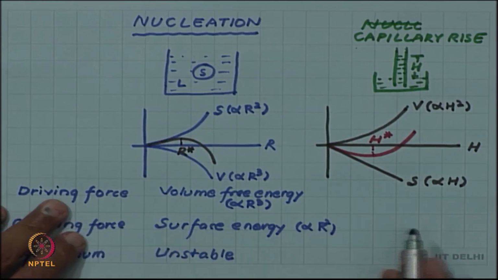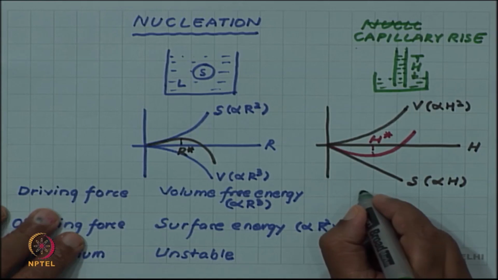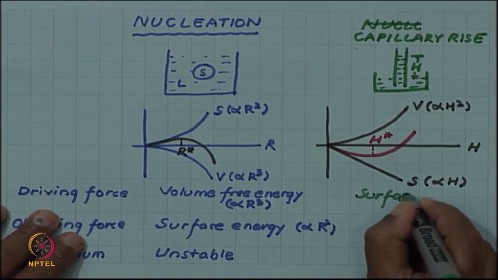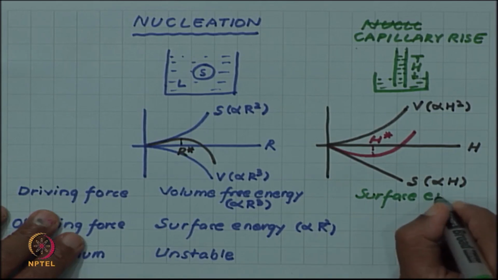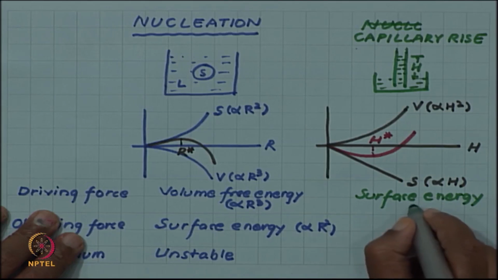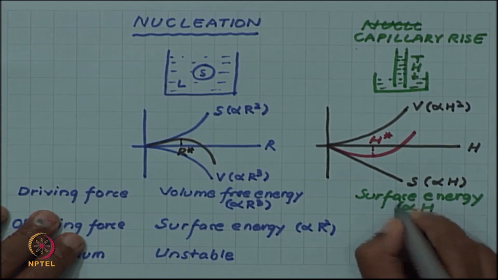So, if you then complete these columns, the driving force now is the surface energy term. So, surface energy drives capillary rise because there is a reduction in surface energy, and this is proportional to h.